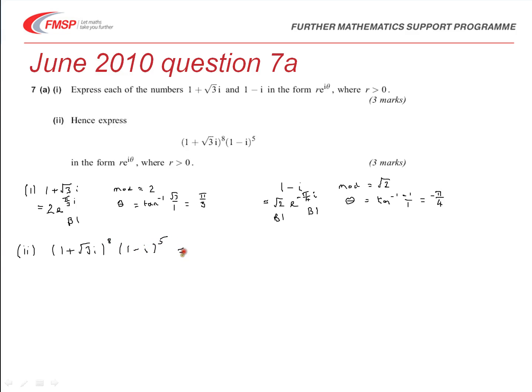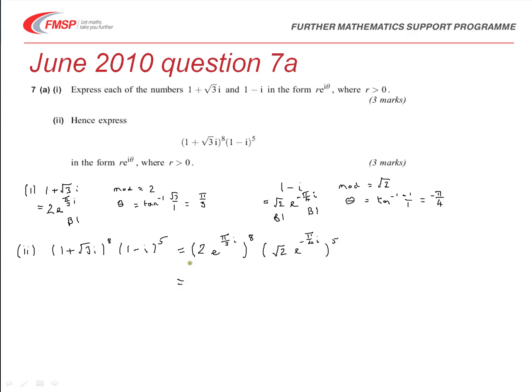So if we write them in their modulus argument form, we're going to get 2e to the pi over 3i, to the power of 8, multiplied by root 2 e to the minus pi by 4i, and that's to the power of 5.